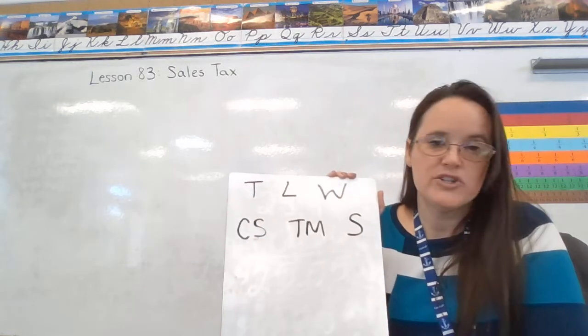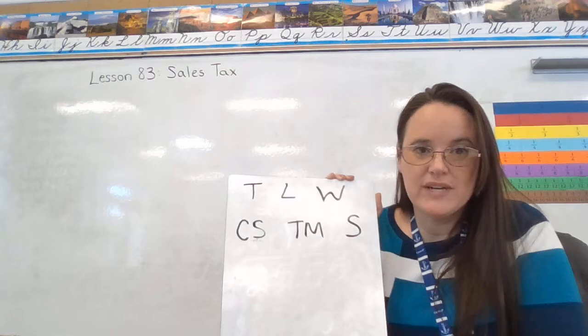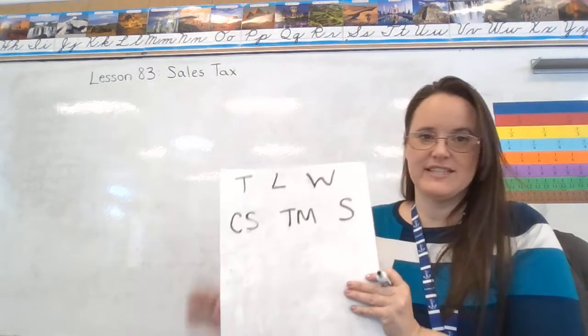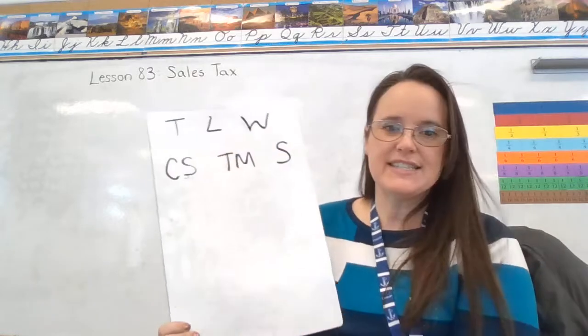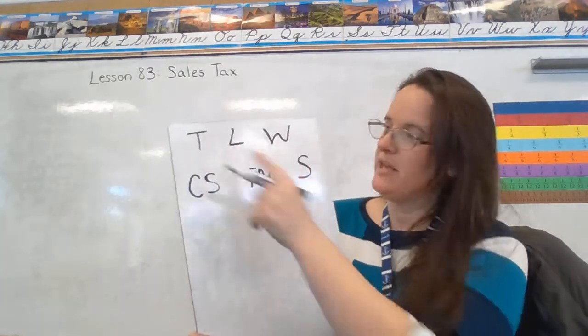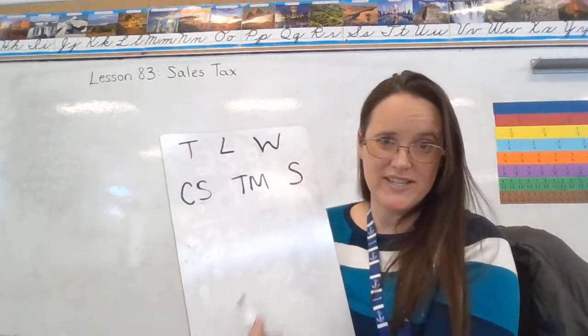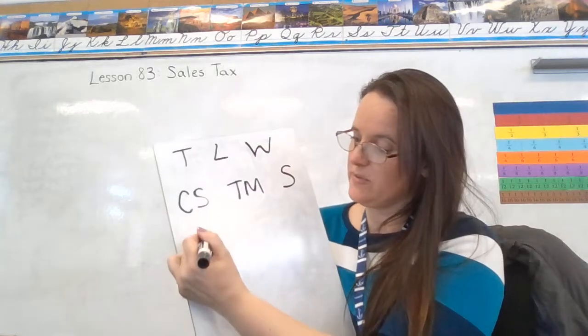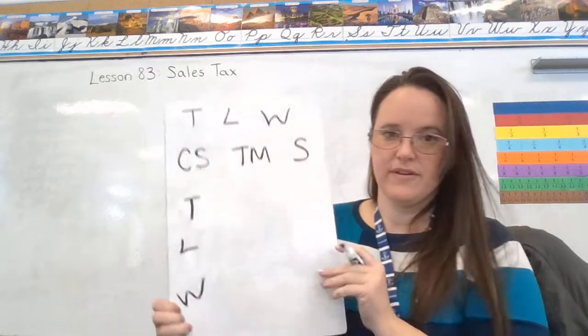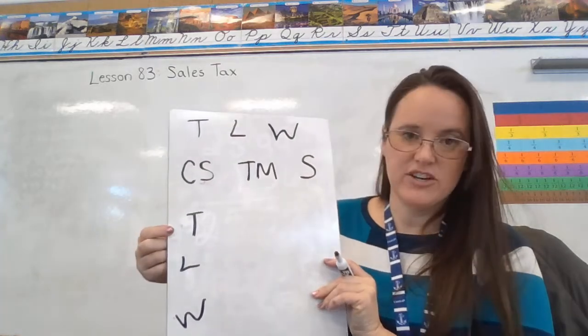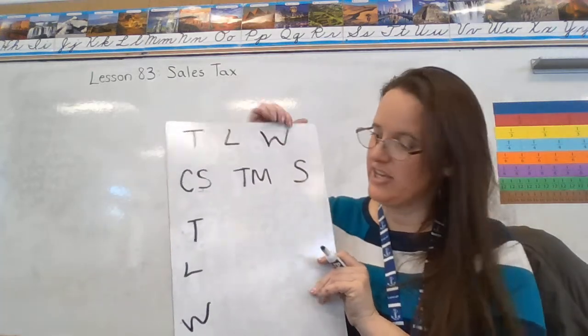So the book shows you what's called a tree diagram. And I know you guys have seen these before, but we're going to do it together to see how we can mix them up. So I'm going to start with just each drink: tea, lemonade, or water. She could have tea with a chicken sandwich.